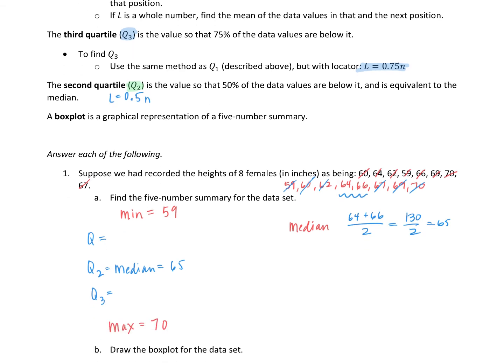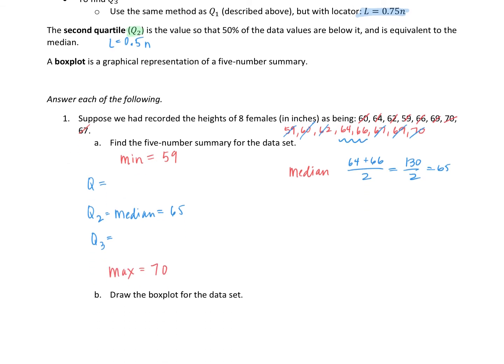So if I use that, I get L equals 0.5 times N. N is 8. So 0.5 times 8 is 4. If you get a whole number, you're going to use the whole number plus the one after it, and you're going to average those out. So what you're looking for is the data in place 4.